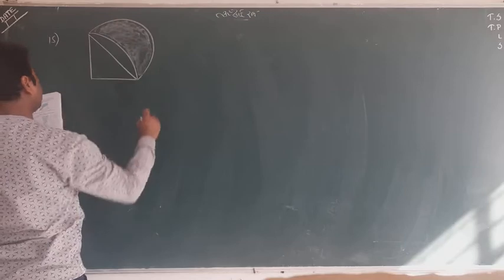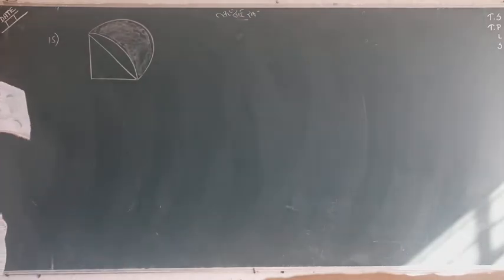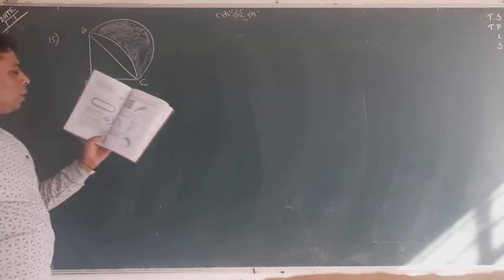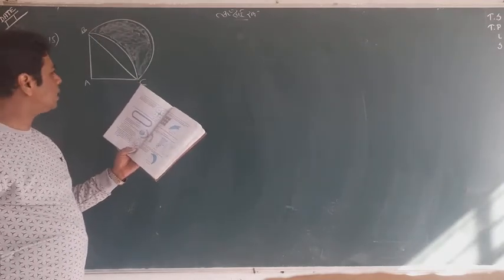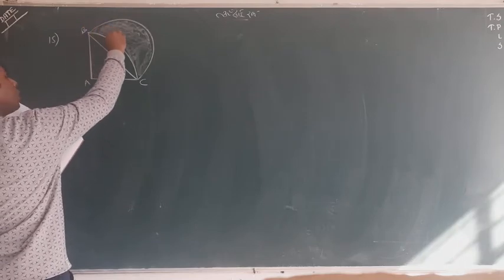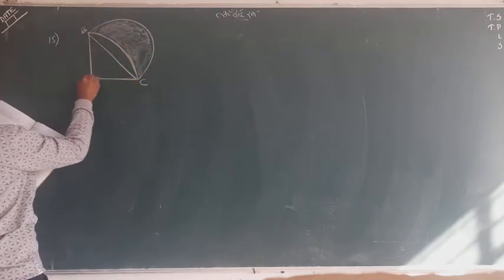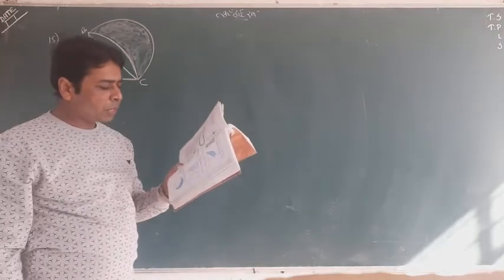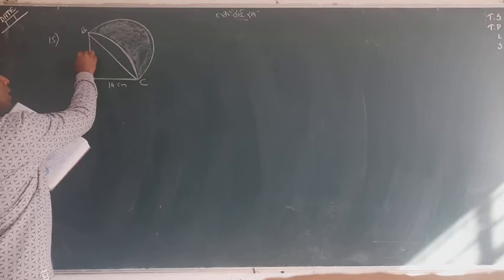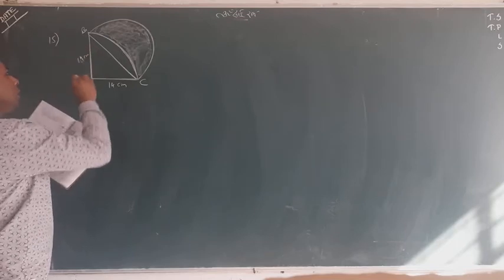What can we see in the figure? This is A, B and C. The question says in the figure ABC is a quadrant, whose area you know. Second, the radius of the quadrant is 14 centimeter. So this is 14 centimeter.